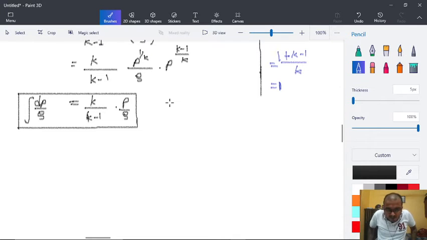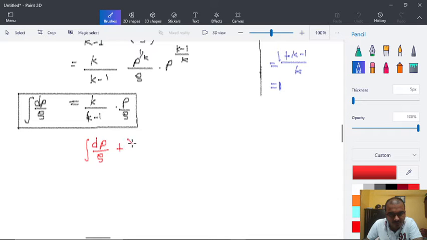Now we will revisit the Bernoulli's equation for compressible flow, that was integration dp by rho plus v square by 2g plus z.